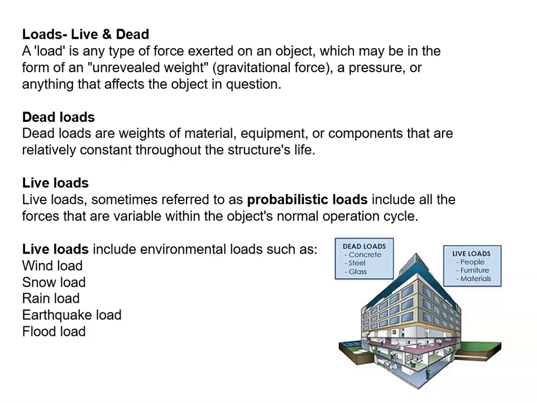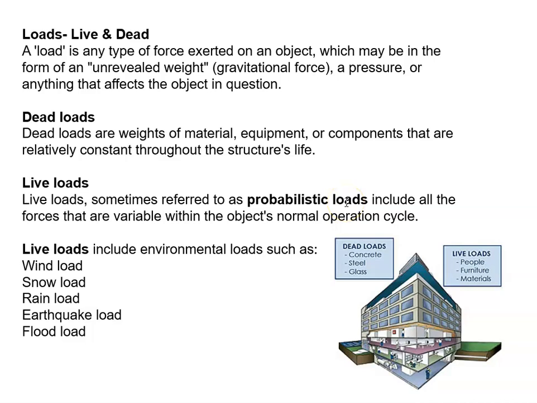Okay. All right. Any load. Load is a type of force exerted on an object. It could be a gravitational force, or it could be a pressure. Again, we discussed briefly, dead loads are basically things that are bolted down to the building: concrete, steel, and glass. Live loads or probabilistic loads are things that come and go.